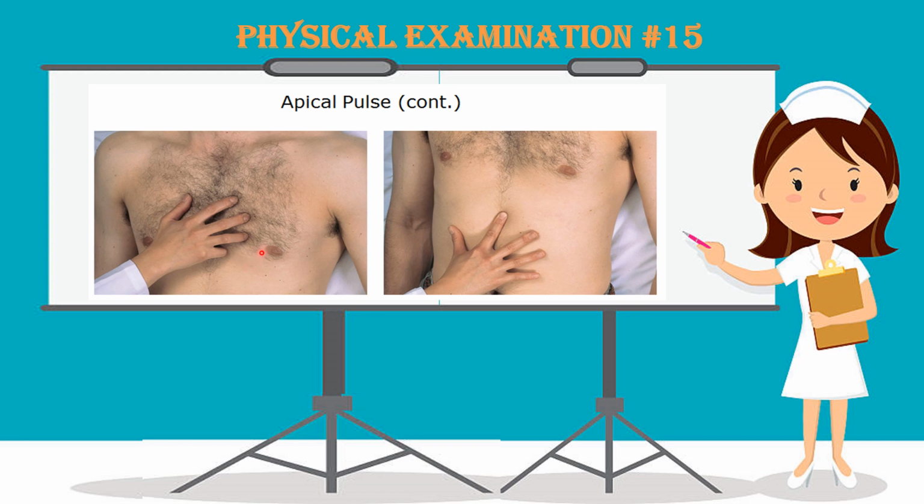Again, you can ask the patient to breathe out and briefly stop breathing to improve your observation. If an impulse or heave is palpable, assess its location, amplitude, and duration.